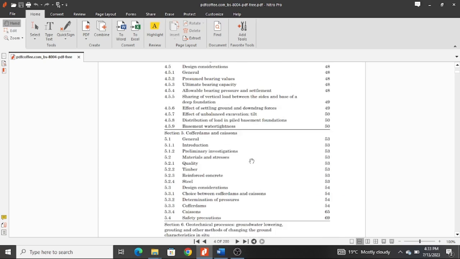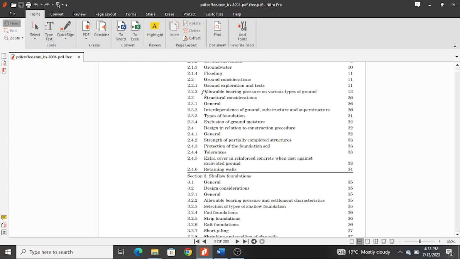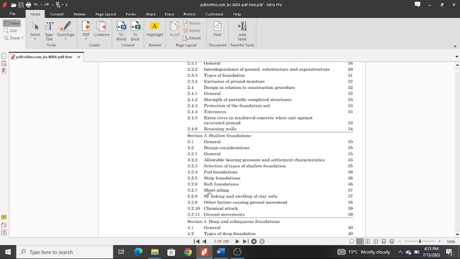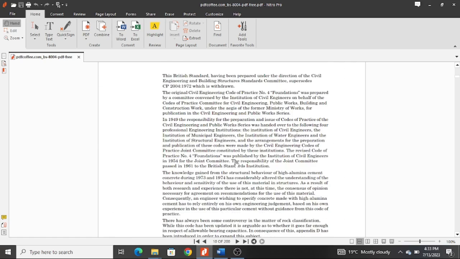But today I want us to look at how to get this allowable bearing pressure on various types of ground. That is page 13. Table 1 is in this page. And then we are also going to look at strip foundation, which is page 36. So we start with page 13 first.